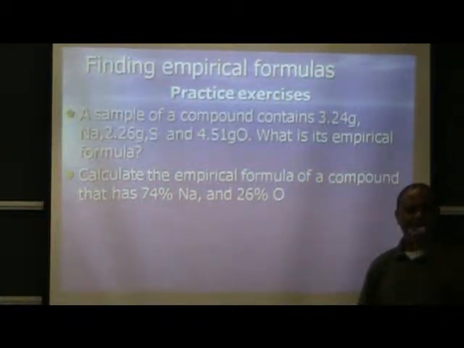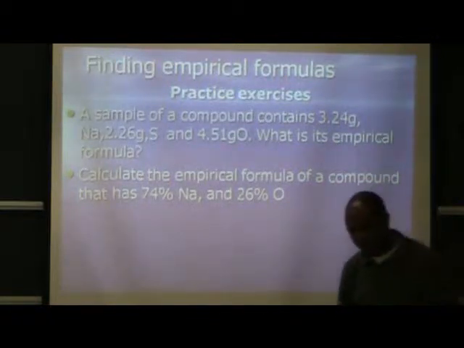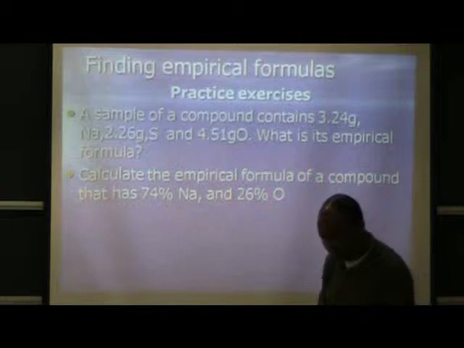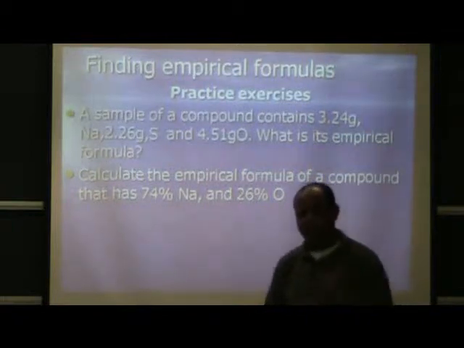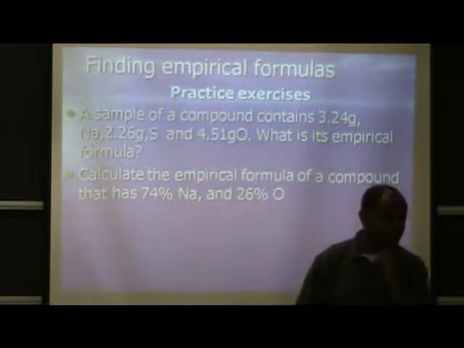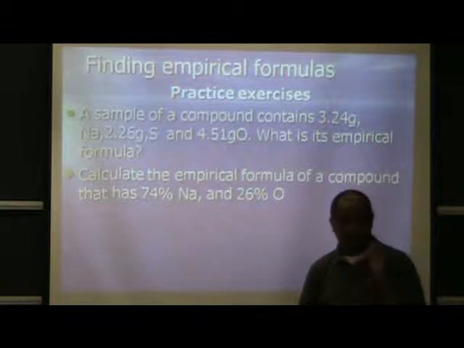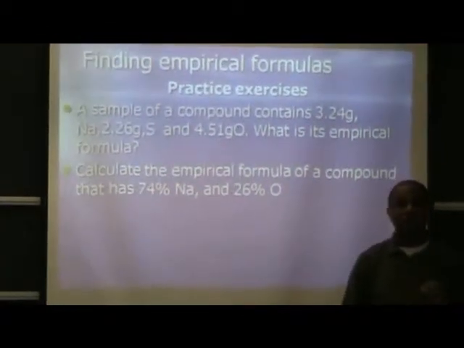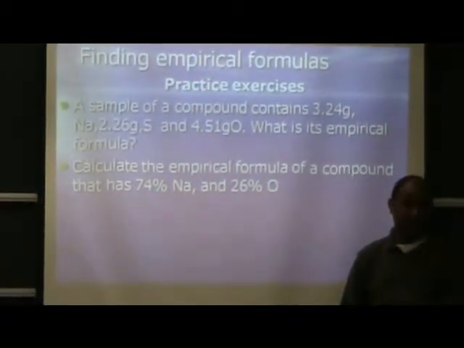Are you in my lab class? What was the purpose of experiment 5? I'll remind you. We did magnesium oxide, the empirical formula of magnesium oxide, right? Now here is my question for you. How do you determine the amount of oxygen?